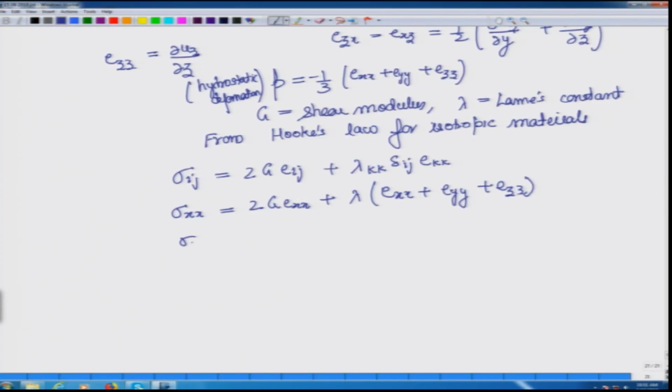Similarly, you will have sigma y y equal to 2 G E y y plus lambda E k k. In all these, you can see that i is equal to j, therefore, delta i j is equal to 1, and therefore, we are getting these components. And very soon we will see a case where i is not equal to j, where all those components will disappear.